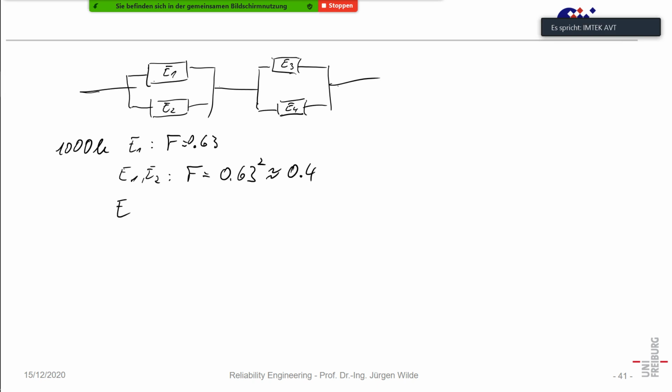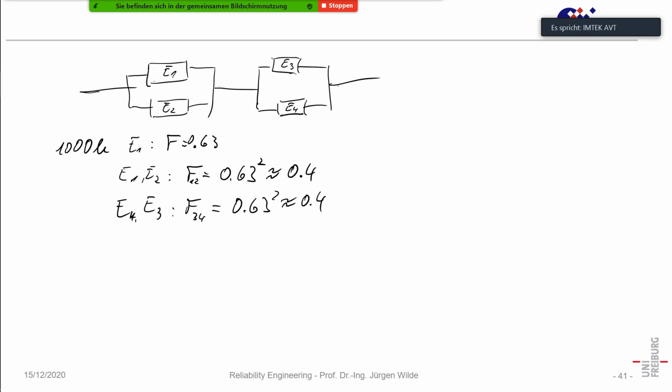And for the E4, E3 or E3, E4, so we, okay, we have also, and now both are in a series, and in that way, of course, we can again say we add the failure rates here, for instance, and in that way, when will that fail?